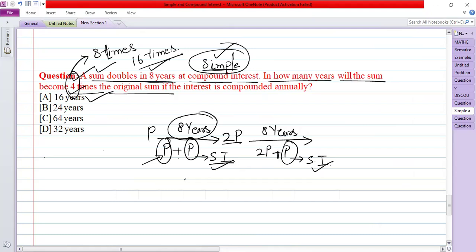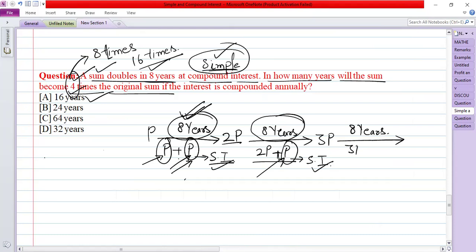So if in the first 8 years the simple interest was P, then for the next 8 years, once again, the simple interest will be P. So 2P plus P will become 3P. And again for the next 8 years, the interest will be P, and this 3P plus P will give us 4P.